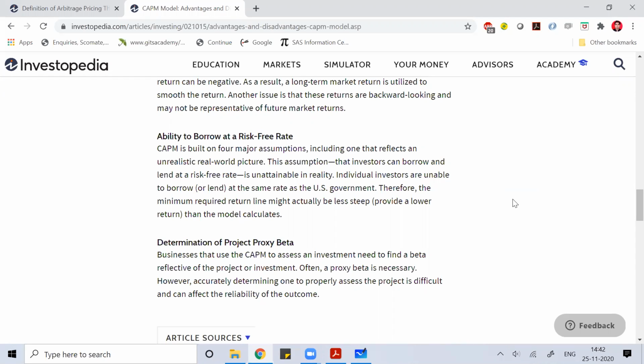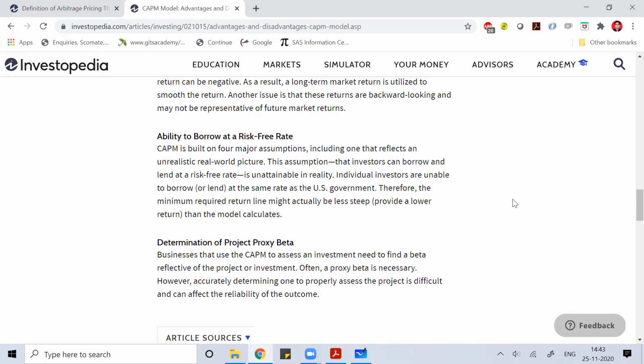A private company has no listing on the stock market, so there is no historical data. If there is no historical data, then the calculation of beta is not possible, and establishing this regression relationship, or measuring the sensitiveness of the stock's return with respect to the benchmark return, becomes a questionable task.